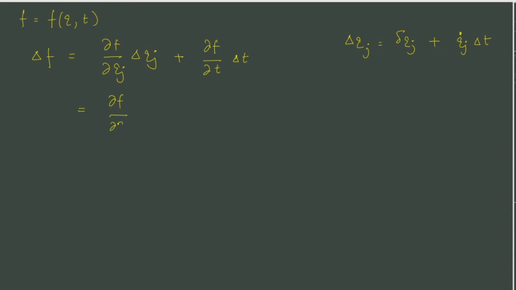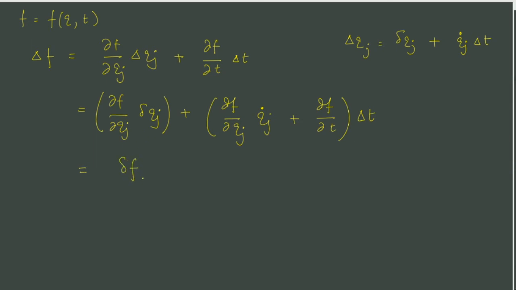Remember, we have a sum over j. Now this quantity we denote as the variation of f not involving time, and this quantity is nothing but the total time derivative of f, like df/dt, or one can simply use the shorthand notation f dot delta t.